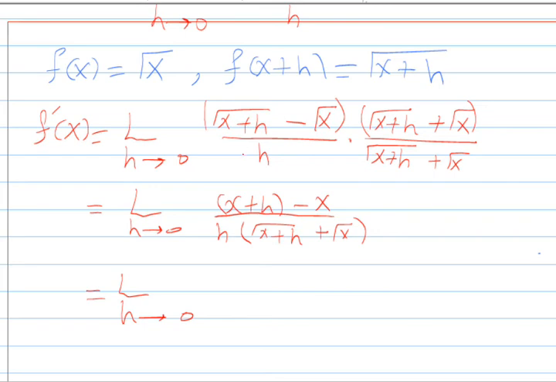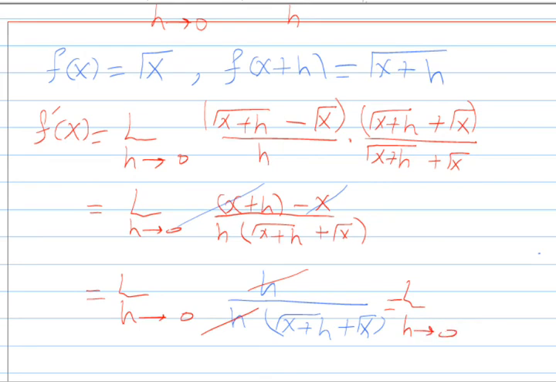These x's will be cancelled, and we have only h up over h down times this bracket, radical x plus h plus radical x. The h also will be cancelled up and down. So we have left the limit as h approaches 0 of 1 over radical x plus h plus radical x.